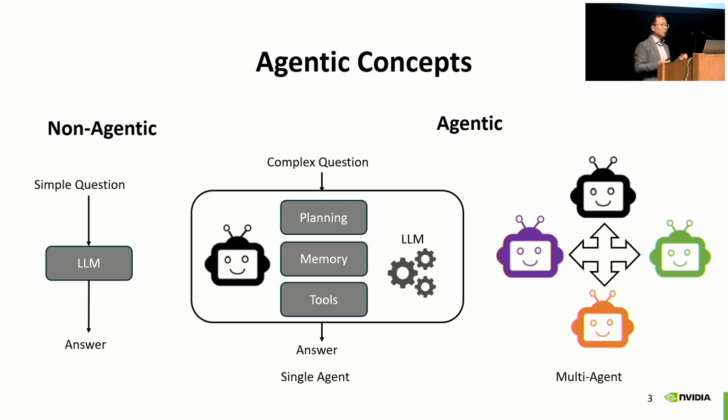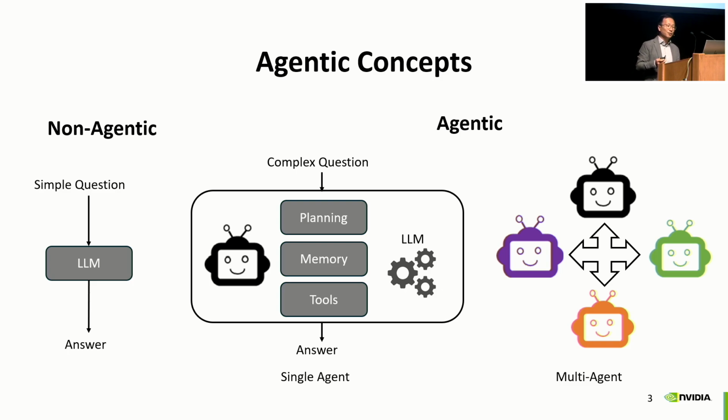And in order to solve even harder problems, we need to leverage tools, such as computation tools or tools that interact with the environment. Therefore, an agent has 3 key components: planning, memory, and tools. And we rely on the LLM as the core engine to hook them together. So this is a basic framework for a single agent.